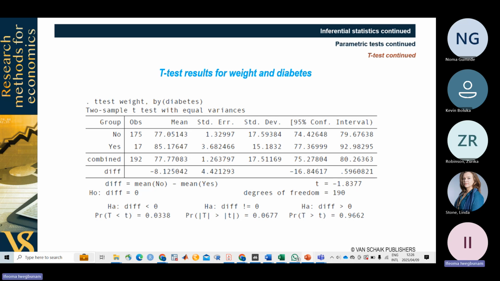This is a two sample t-test with equal variance. What this result shows us is that at 95% confidence interval, you can call it 85% of people are also overweight, while 77% are not.